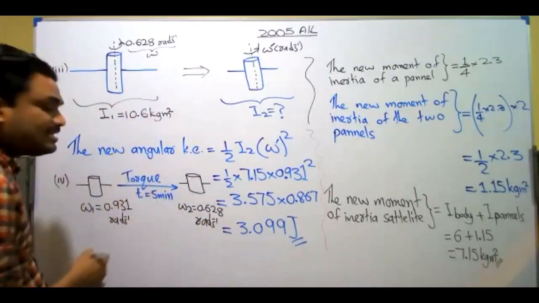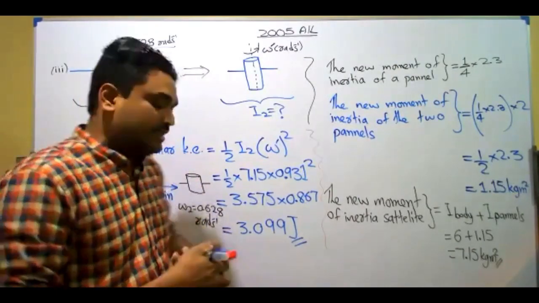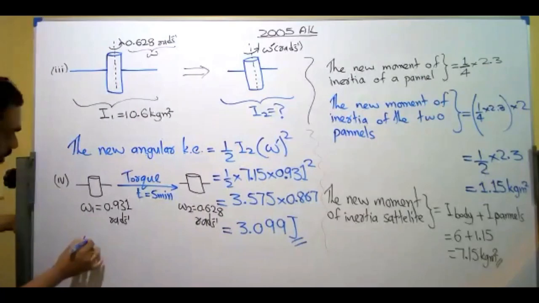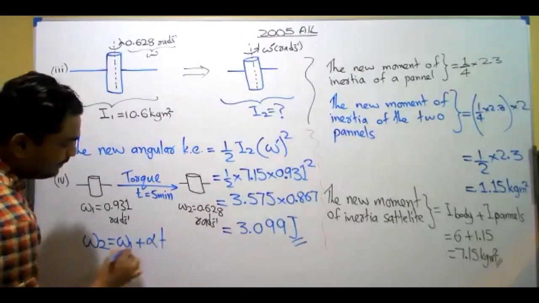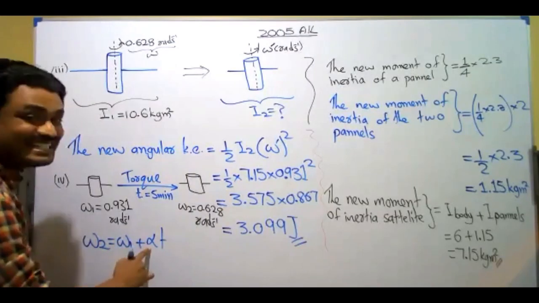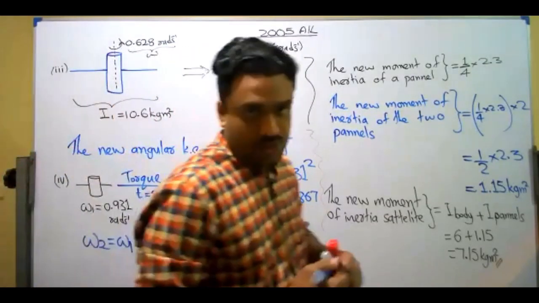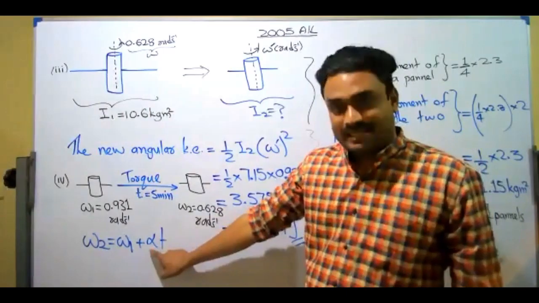The easiest way to find angular deceleration is omega 2 equals omega 1 plus alpha t. In this equation, alpha is angular acceleration.